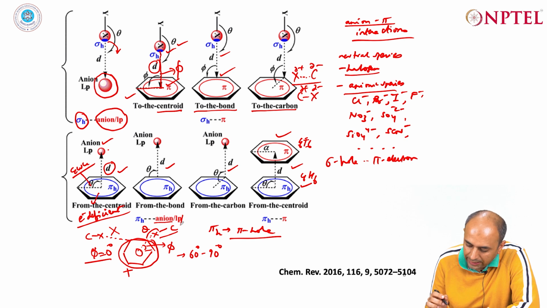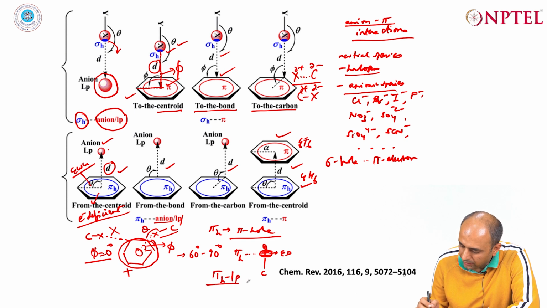It can also interact, for example, with fluorine, not the sigma hole, but the electron density. The sigma hole is here. It can interact with the electron density of the halogen atom to form pi H lone pair interactions.